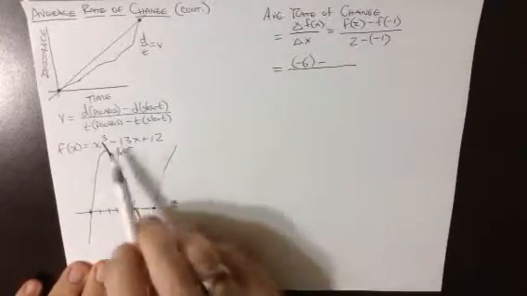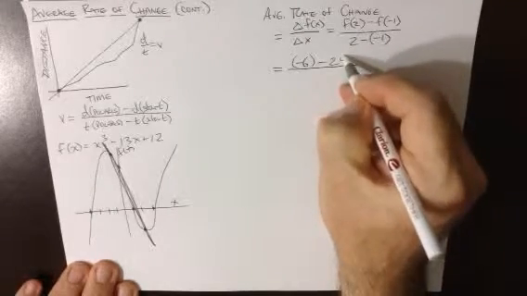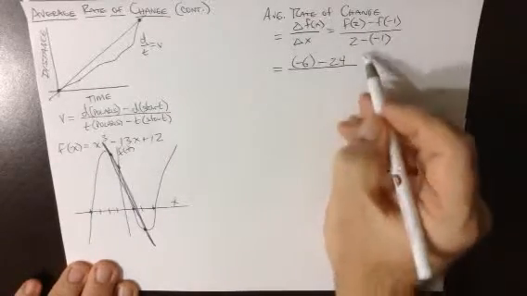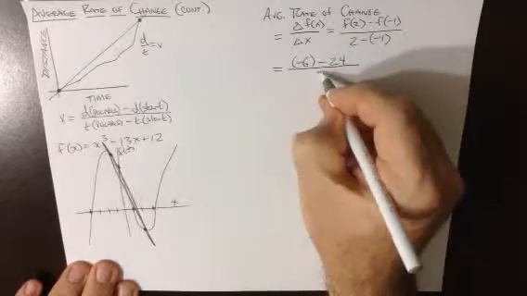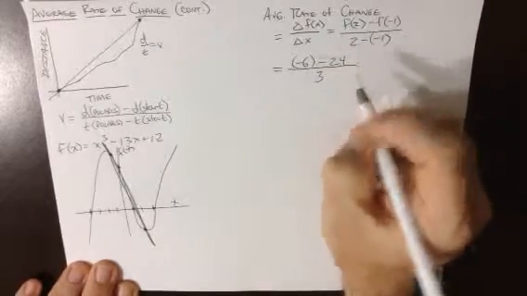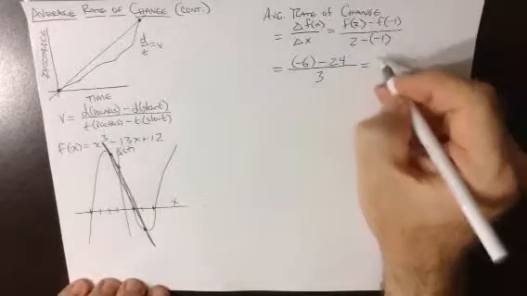And if you put -1 into this function, you'll get as your final result 24 for the value of the function. And the denominator is still 2 minus -1, which is 3. And -6 minus 24 is going to be -30.